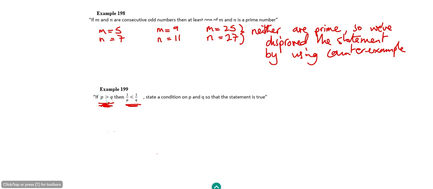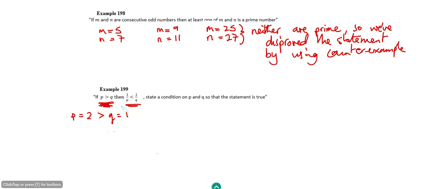To begin with, I'm just going to try and get a feel of the numbers here. I'm going to pick two nice simple numbers, P and Q. We're going to say P is 2, Q is 1, and just have a look at what happens there. So we pick P greater than Q, as in the first condition.